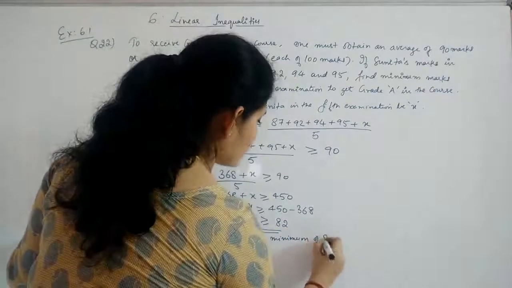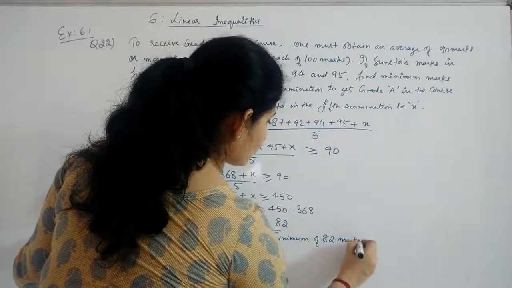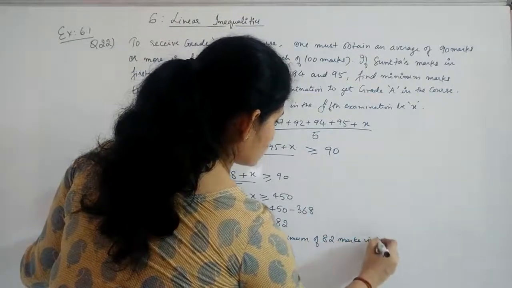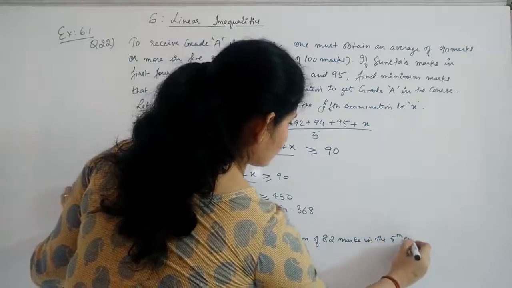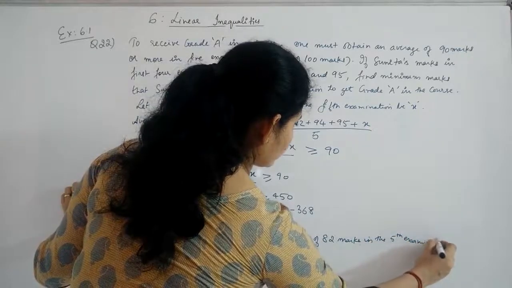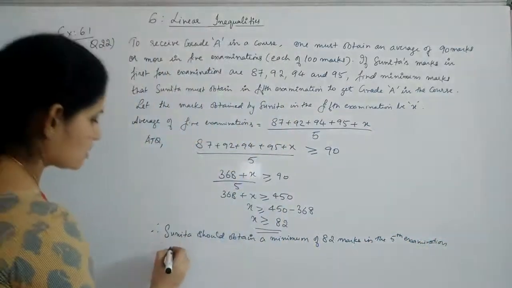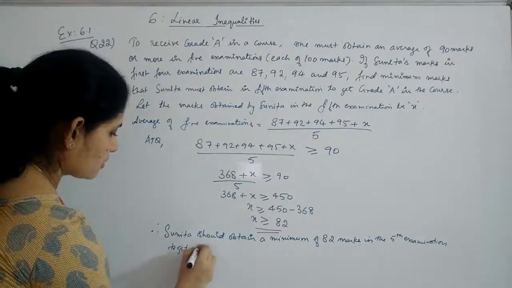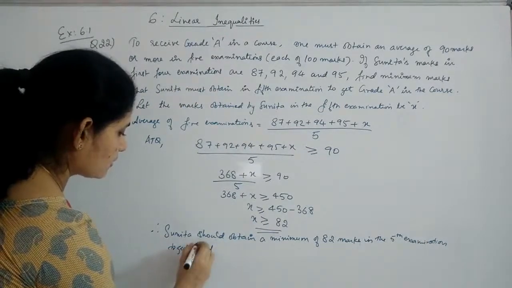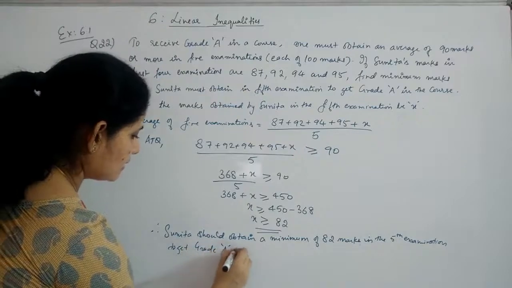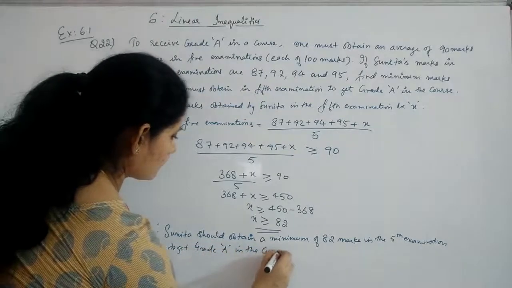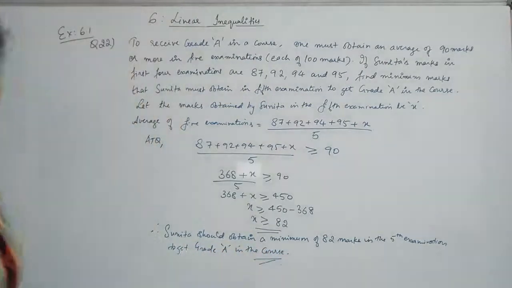Minimum of 82 marks in the 5th examination to get grade A in the course. Okay.